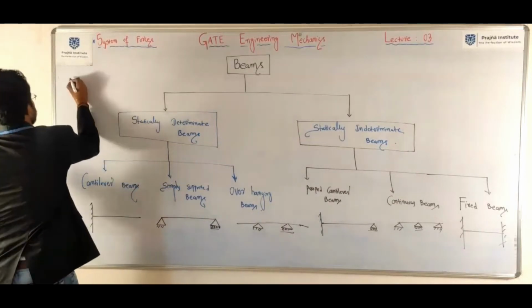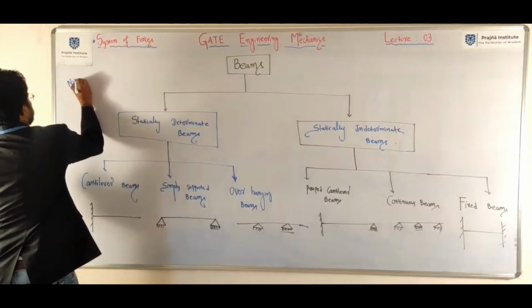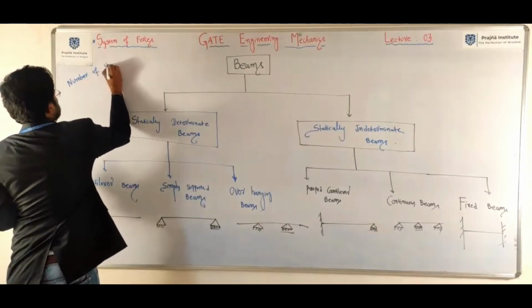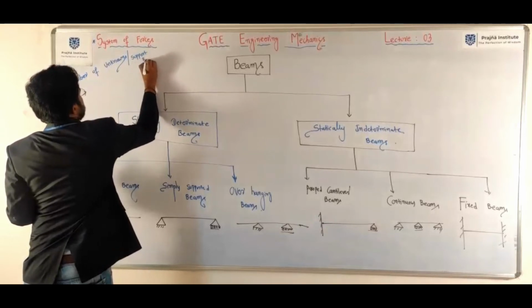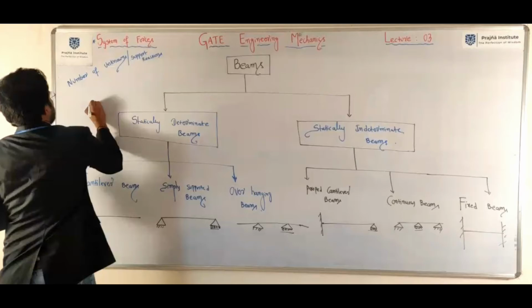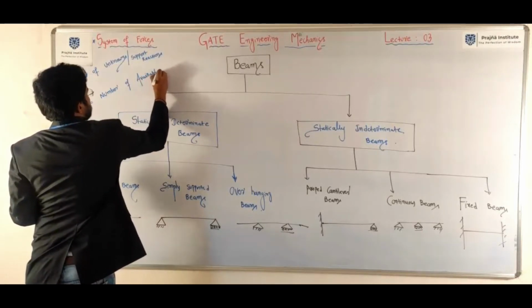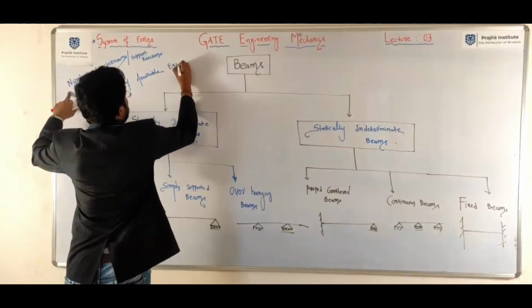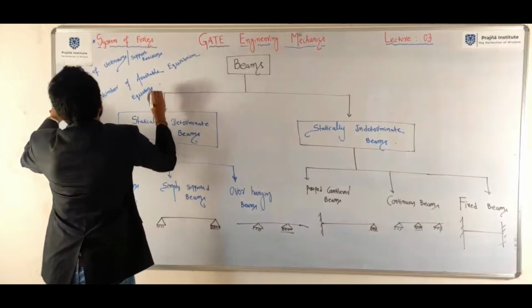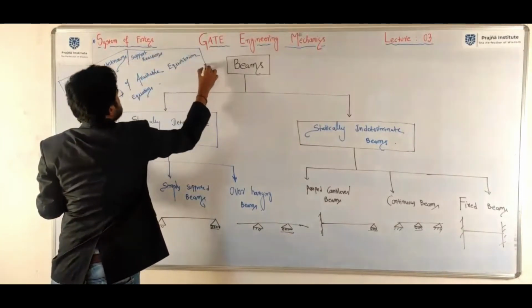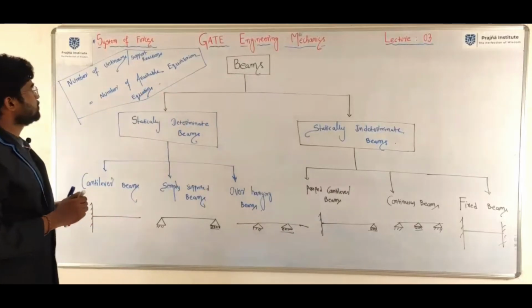Here, the number of unknowns or support reactions is equivalent to the number of available equilibrium equations.